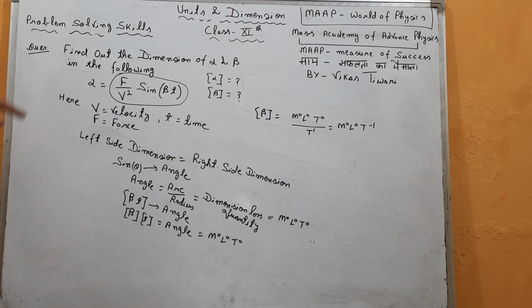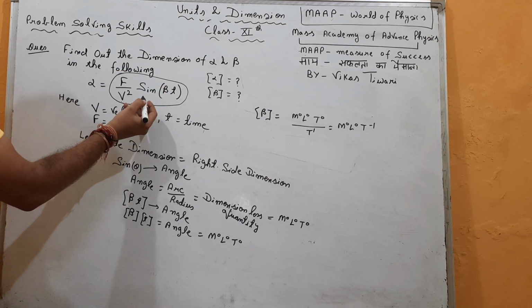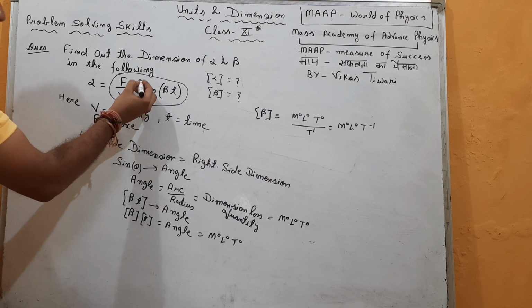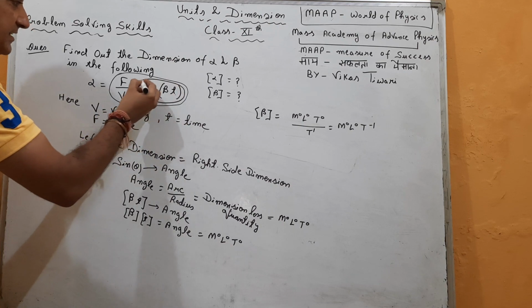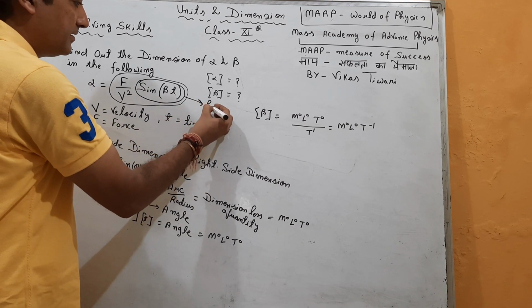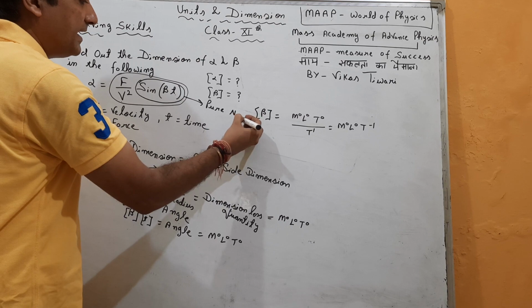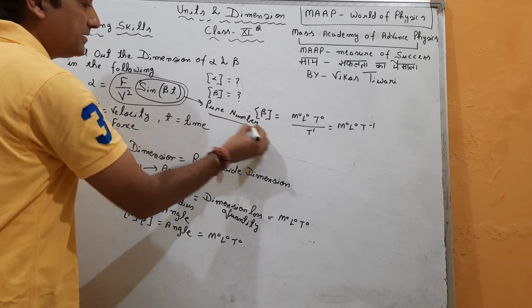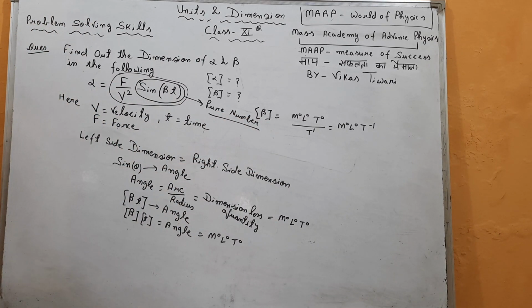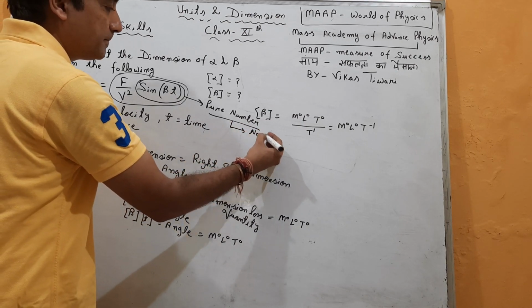So we have already calculated the dimension of beta, but out of the complete expression F upon v square sine of beta t, sine theta is a pure number, and any pure number has no dimension.